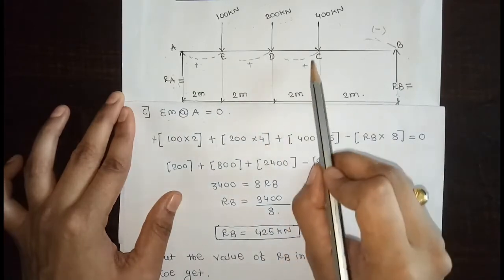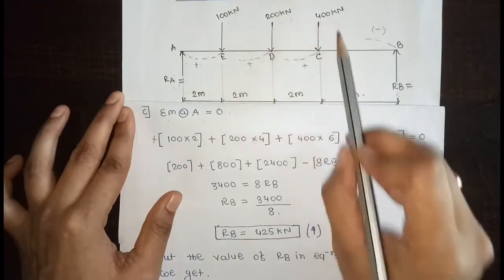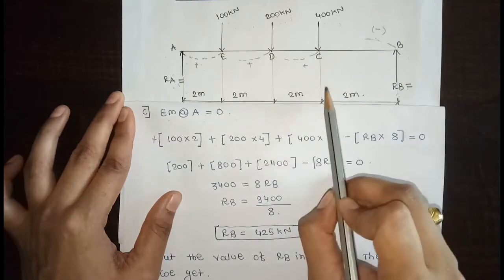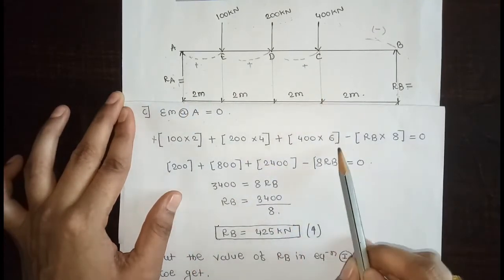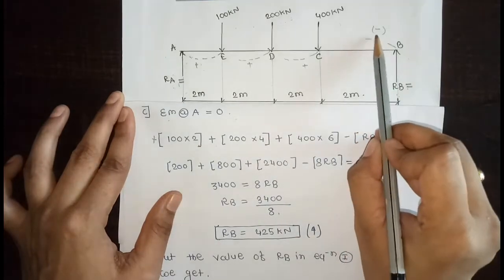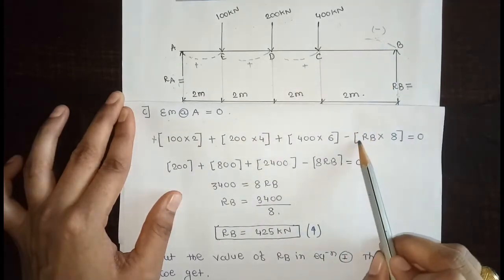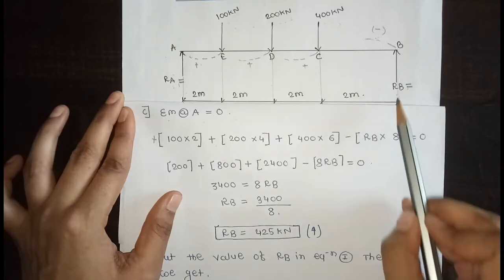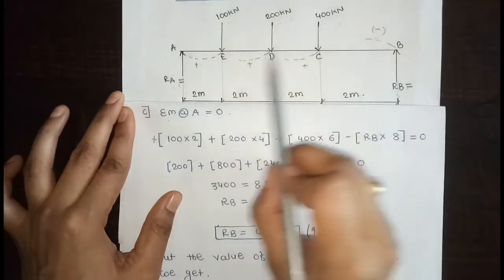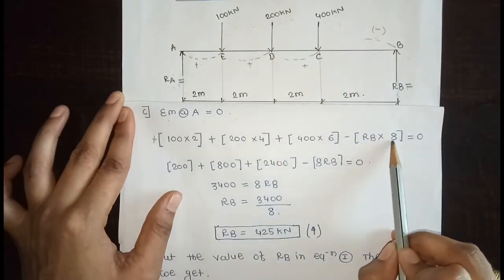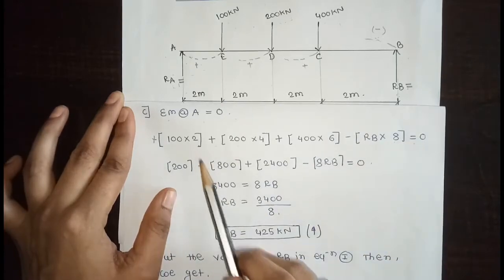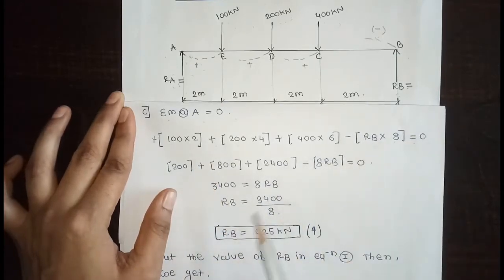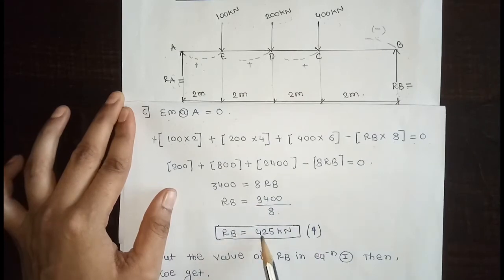Then plus third force 400 kN into C to A perpendicular distance 6, then minus anticlockwise moment, minus RB into total span, distance B to A, 8, is equal to 0. Then calculate the value of RB. We get RB equal to 425 kN.